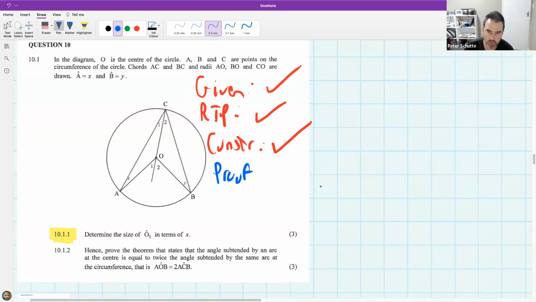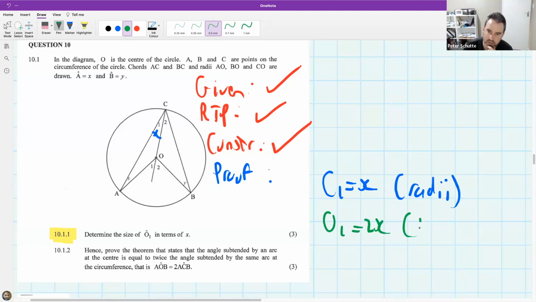And all you need to do here to get marks is say that C1 is X, which is radii. So you'll get an X over there. And then you can say that O1 is equal to X, exterior angle of a triangle. And that will give you your 3 marks. Don't leave out the first bit here.